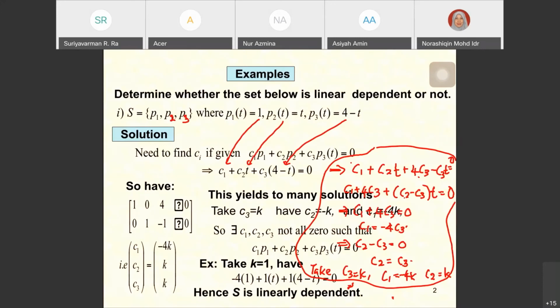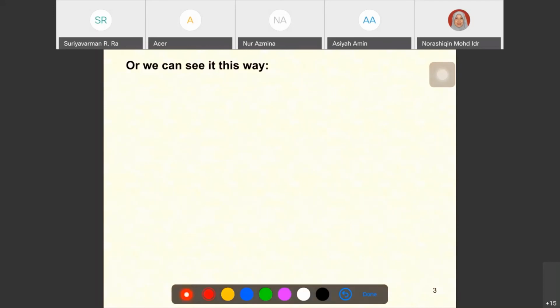Okay, let's try one more example. I have 3 examples there. Oh, you said we can see it this way. We have P3 is 4 minus t, and it is equal to 4 times 1 minus t.